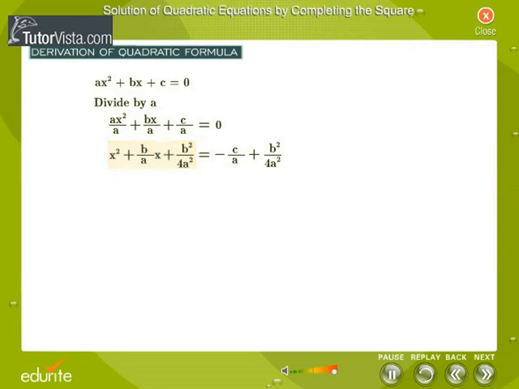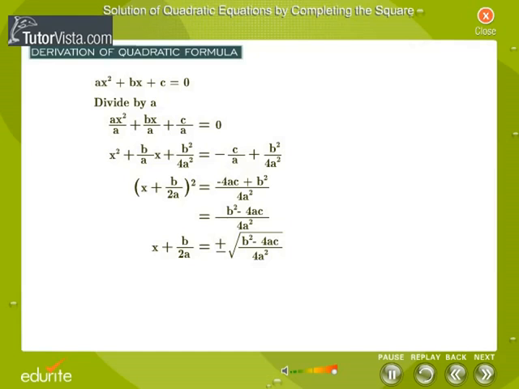We can write it as x plus b by 2a, the whole squared. We take the square root of both sides of the equation. We get x plus b by 2a is equal to plus or minus square root of b squared minus 4ac divided by 2a. X is equal to minus b by 2a plus or minus square root of b squared minus 4ac divided by 2a.